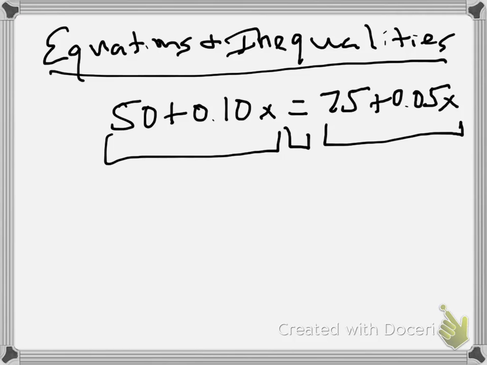I guess it depends on the number of minutes you go over, because here they charge us less up front but more per minute, and over here they charge us more up front and less per minute. So in Module 1 you'll have to figure out what value of x makes this true, and you'll learn how to do that in this module.